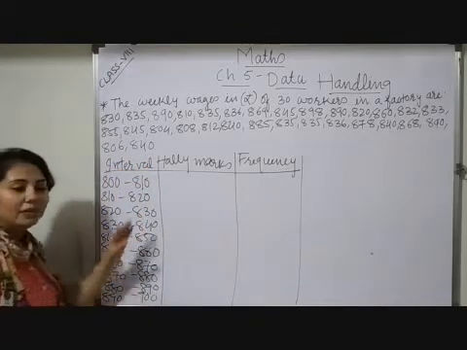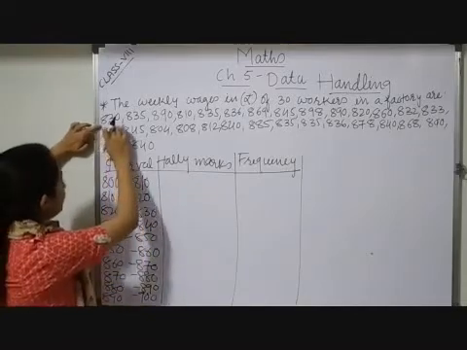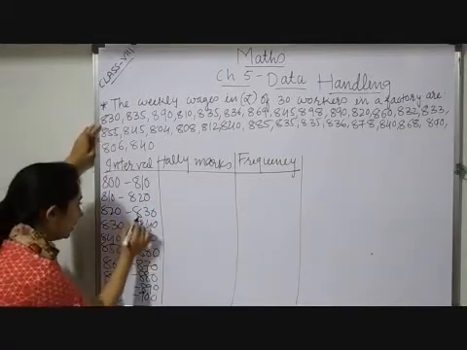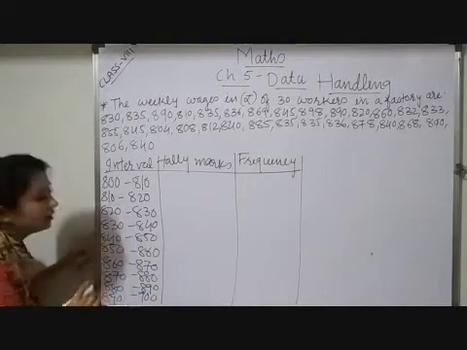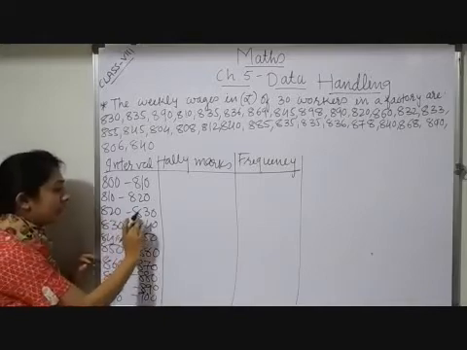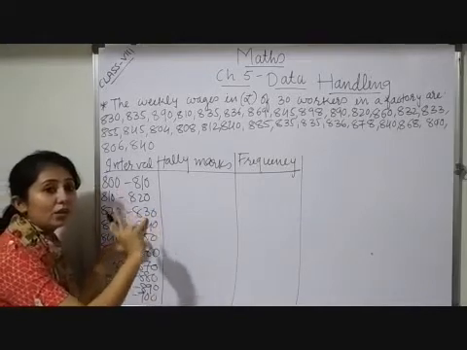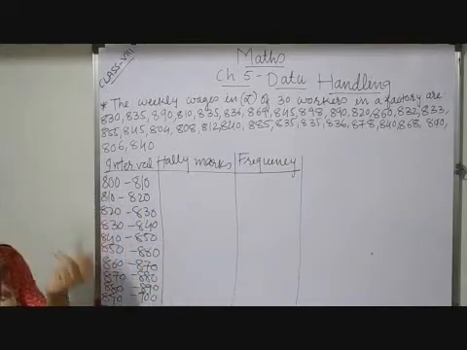Now, how will I make a tally mark? See, 830: where will it come? Observe, it is the upper limit of the third interval and the lower limit of the fourth interval. So what do you have to do? 830 you will not locate at the upper limit, otherwise the entry will be twice, which will again be wrong.